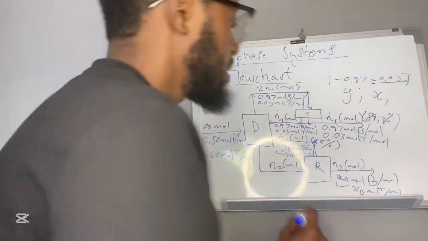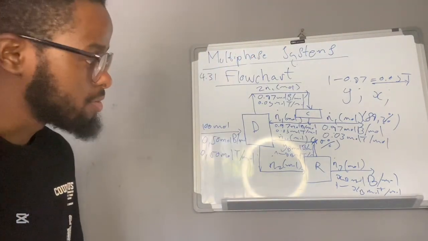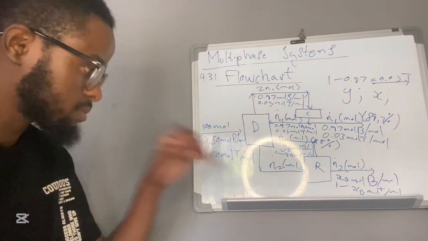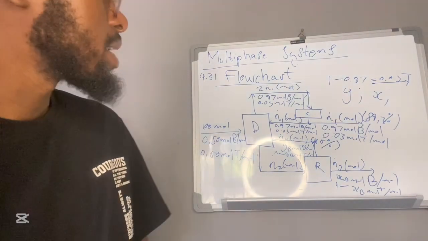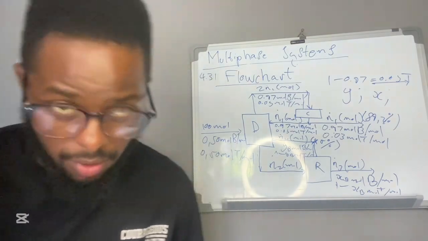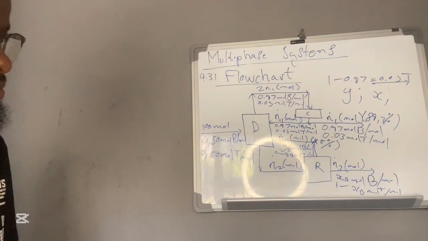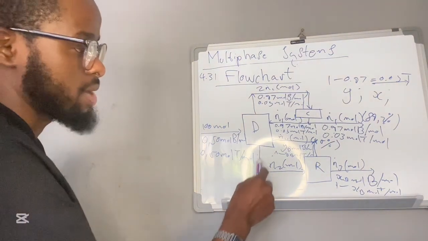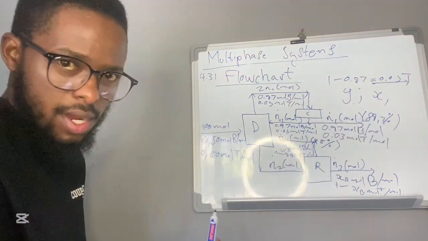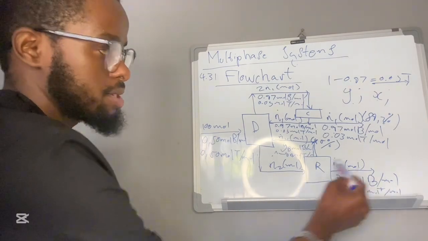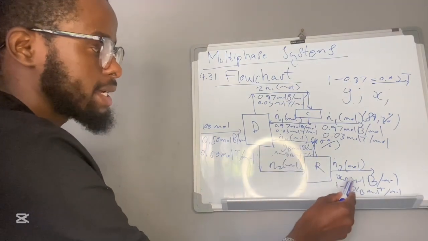So now I'm coming back to my conversation. I told you guys about using letters. I told you that this is a liquid stream, this is a liquid stream, this is a vapor stream.